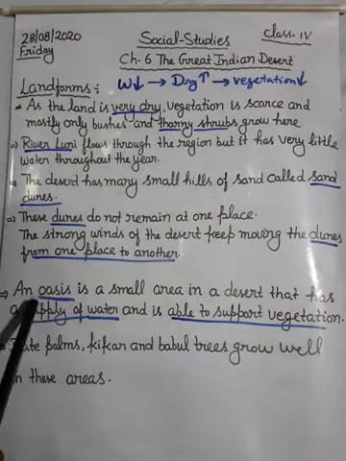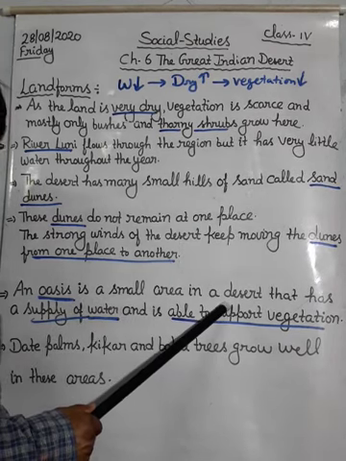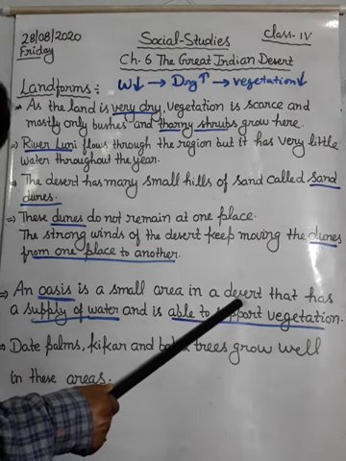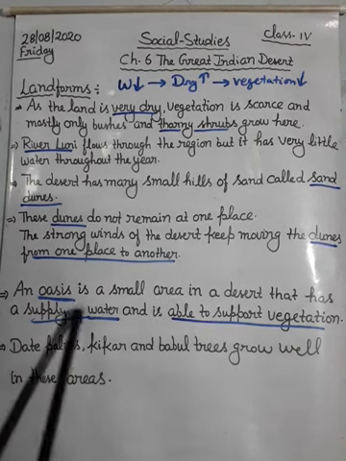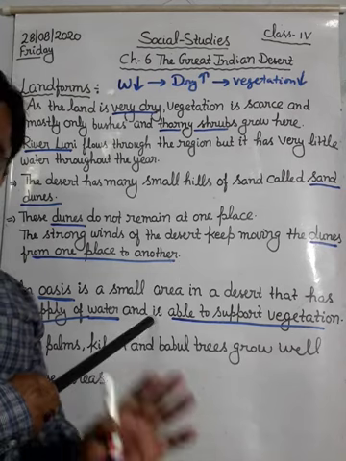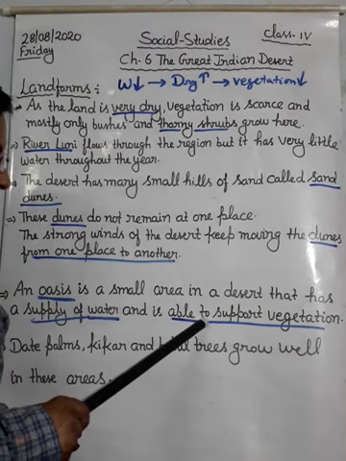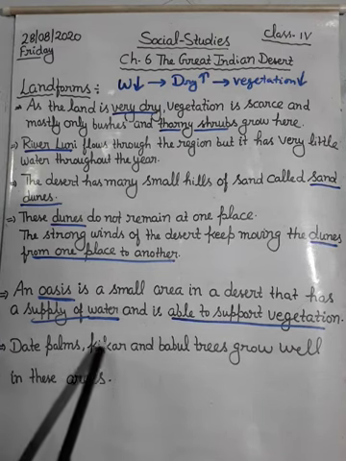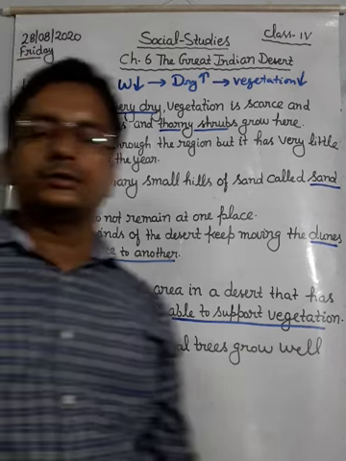It is the small area in the desert that has a supply of water, and when there is a supply of water, that place is able to support vegetation. Date palms, kikar and babul trees grow well in these areas.